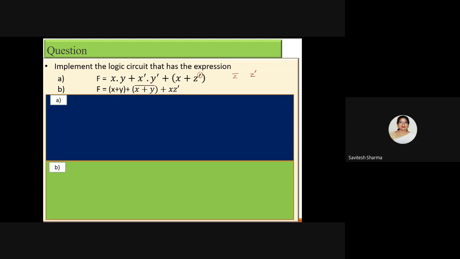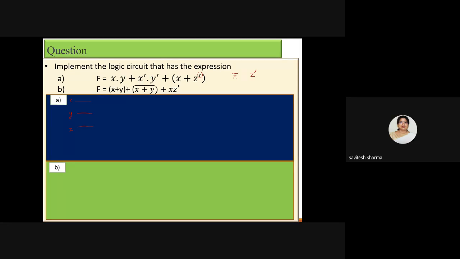Again, I will see how many terms there are. First we will see how many variables there are. There are X, Y, Z. You will draw some space. Please keep some space, because if any signal requires inversion, you need to draw an inverter also. First you will draw the X, Y, Z true signals, and then you will find out how many complements are required.